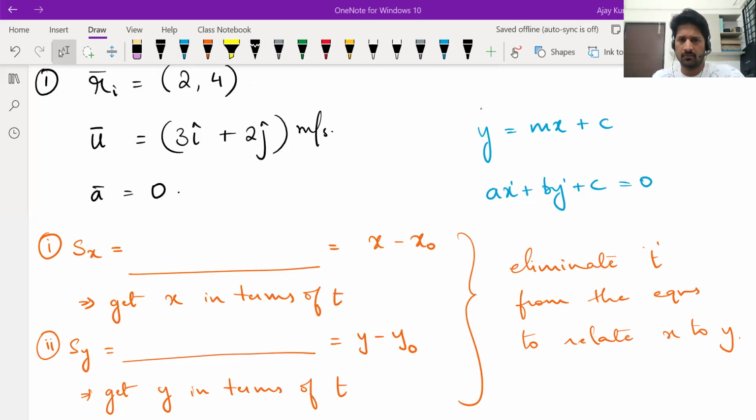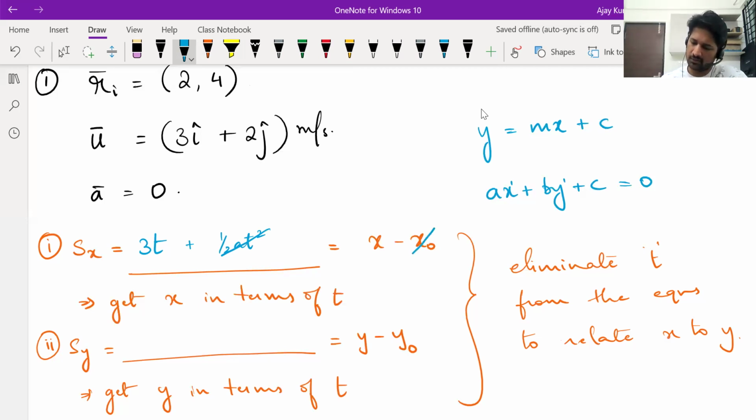Sir, it's ut plus half at square. Since acceleration is 0, it will be 3t, sir. Okay, good. Only velocity into time. The half at square term is going to become 0 anyway. So displacement along the x direction is 3t. So you can say 3t is equal to x minus x naught.